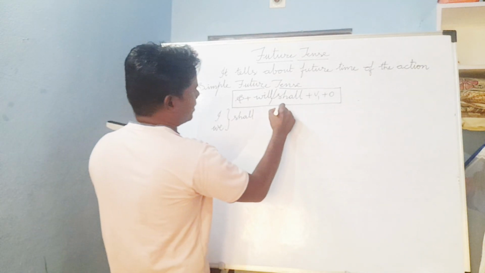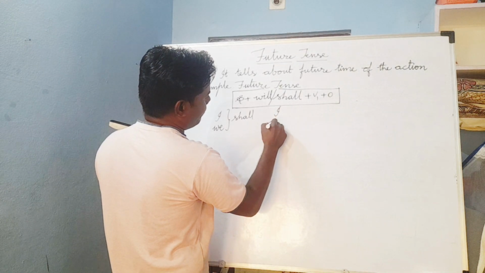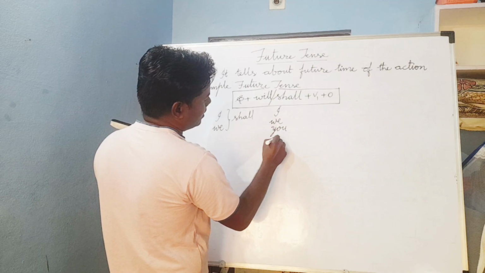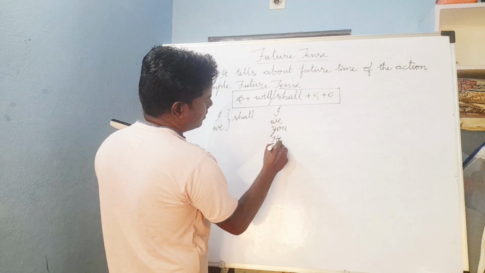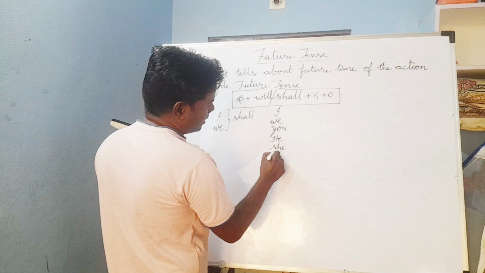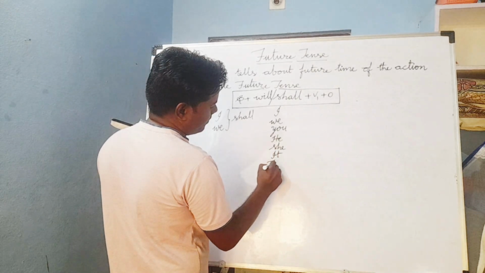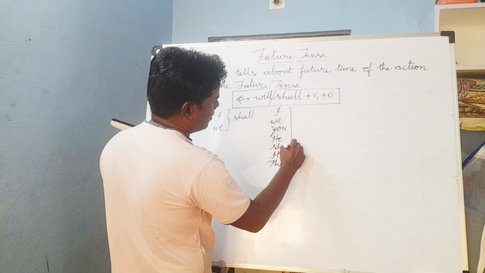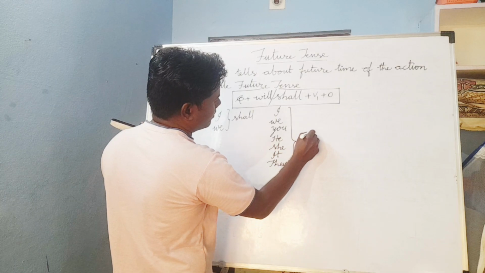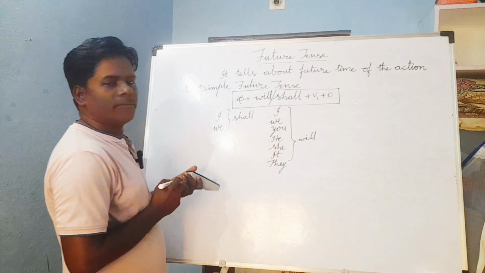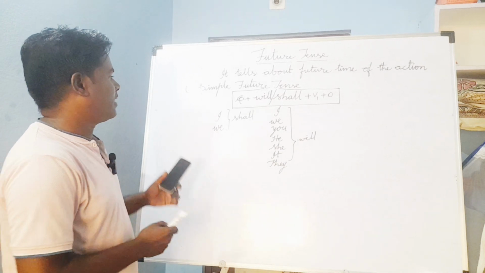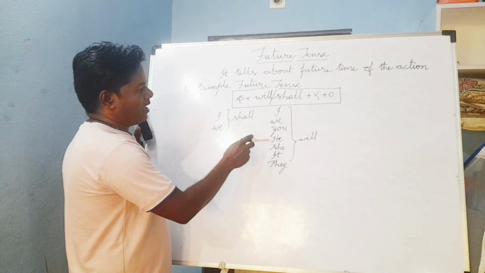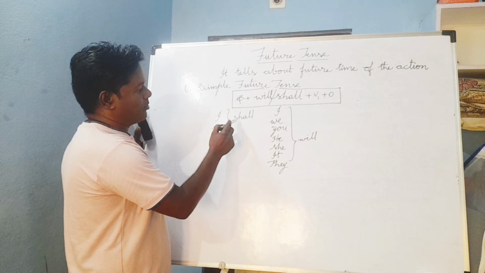And after I, we, you, he, she, it, and they, after all these we have to use will. After I and we also we can use will. But after you, he, she, it, they, we don't use shall.